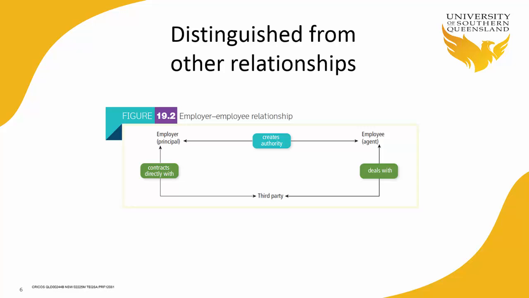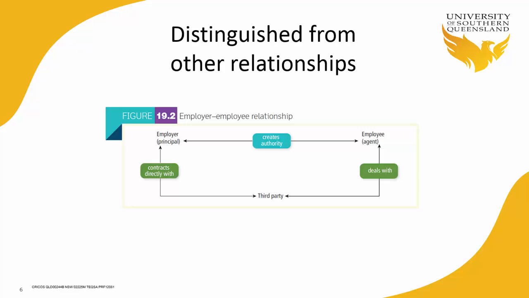The employee is subject to the control and direction of the employer. An employee is often, not always, often an agent of their employer. Then you have also the employer and independent contractor, where that contractor is not usually an agent of the employer. And then the principal agent relationship that we have just talked about.